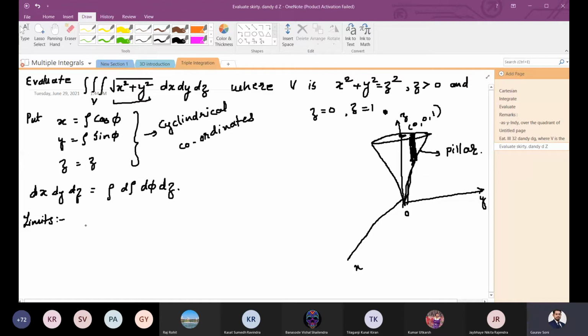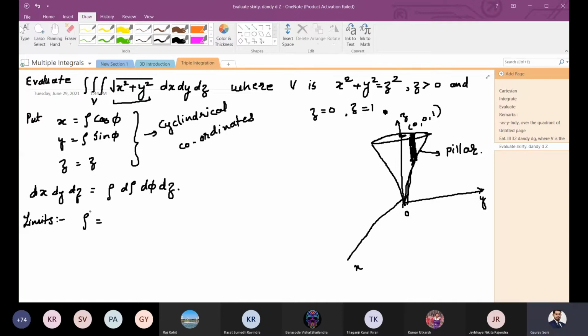What are the limits for rho? In your volume, what will be the minimum value of rho and what will be the maximum value of rho? That is what you need to think.